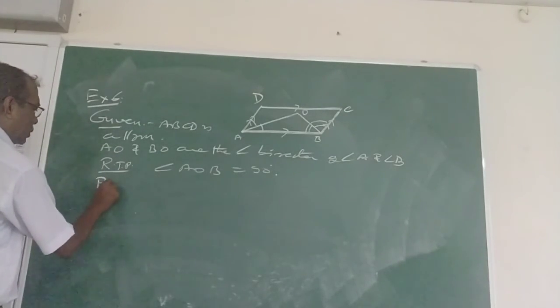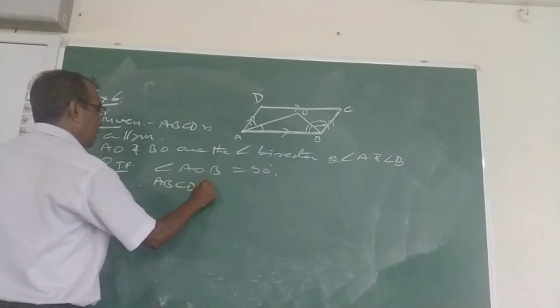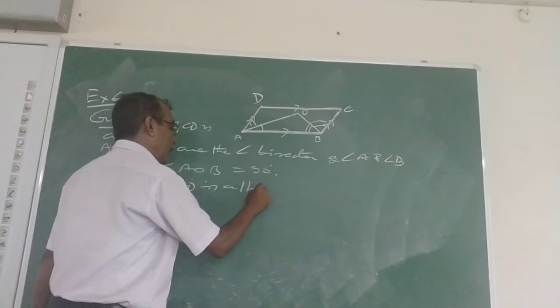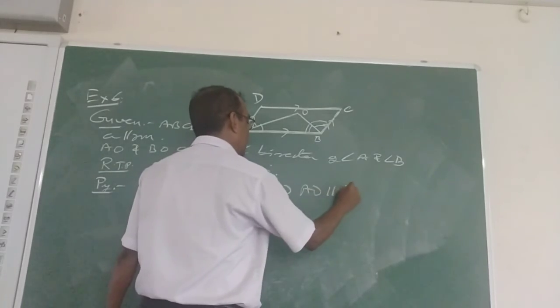Now the proof. Since ABCD is a parallelogram, it implies AD is parallel to BC.